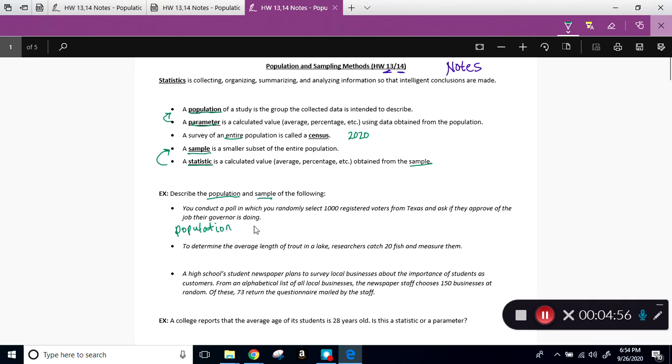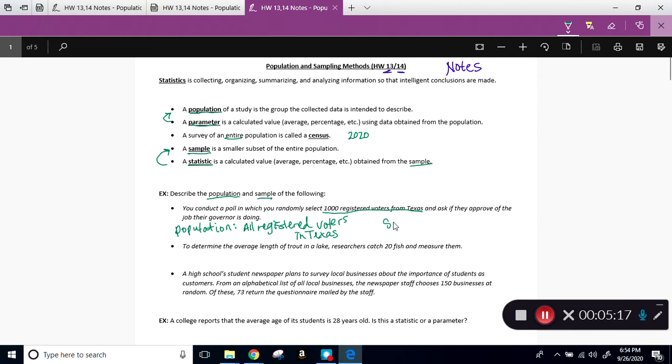So let's talk about what the population is and what the sample is. Population, remember, is the whole big group you're referring to. So you randomly select 1,000 registered voters from Texas. The population is all of them, all registered voters in Texas.